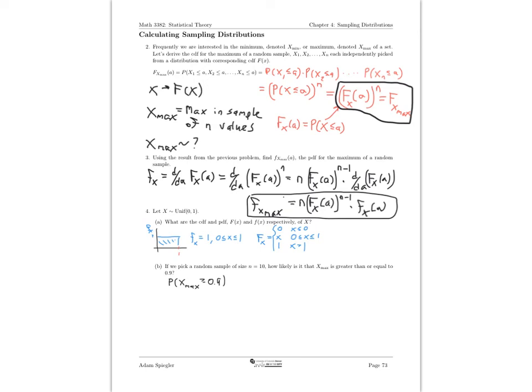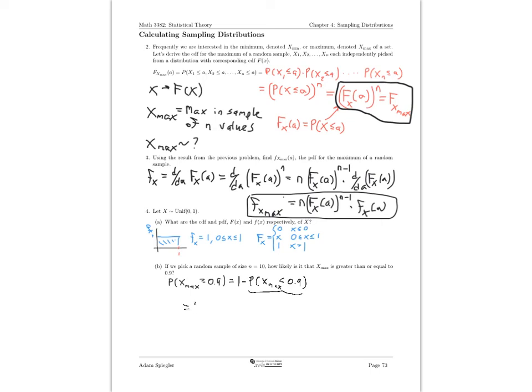Okay, so now coming down to part B, we wanted to calculate the probability that x max is greater than or equal to 0.9, and so this would equal 1 minus the probability that x max is less than 0.9. I'm going to use this because this probability is exactly the value of the CDF of x max at 0.9.